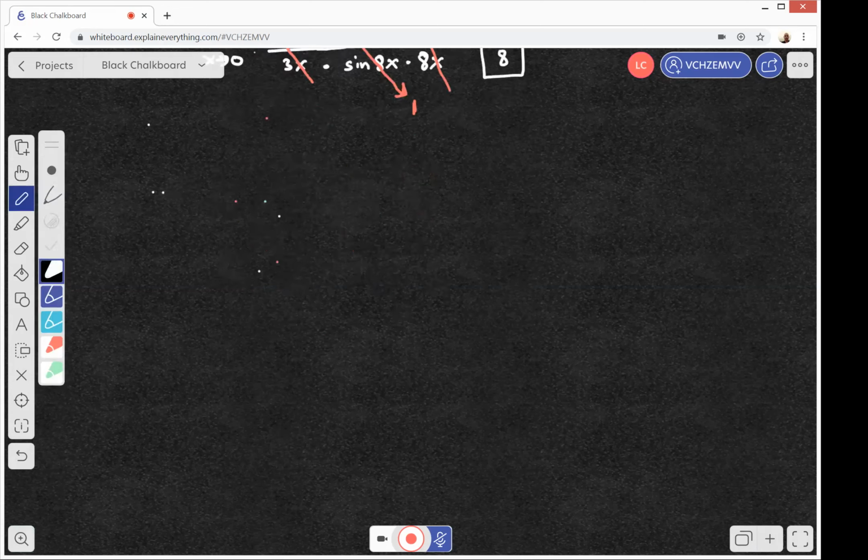So now we're gonna move into a different example where we use some trig identities. So this is an example where we use trig identities.